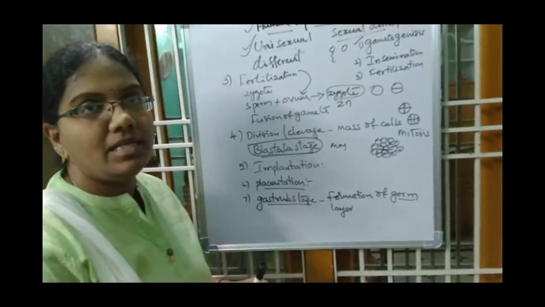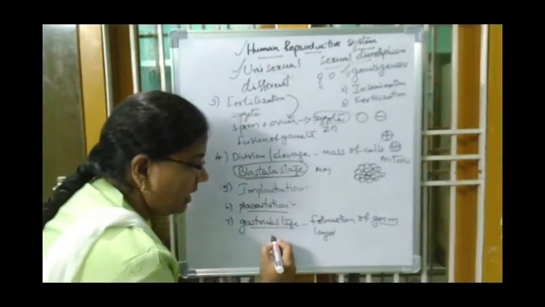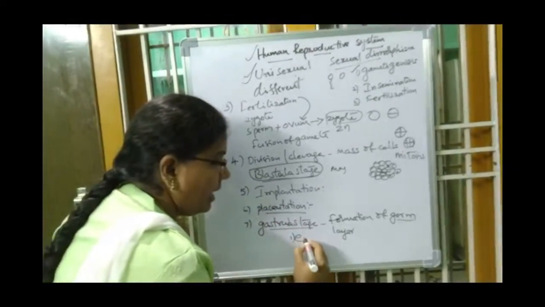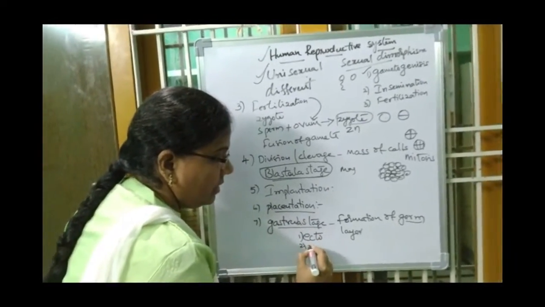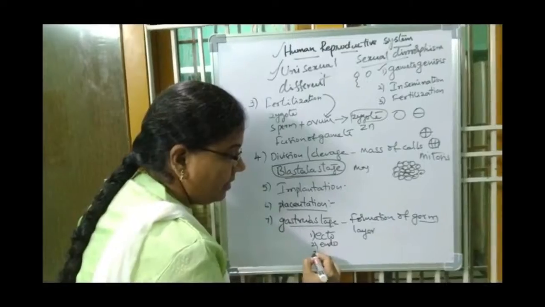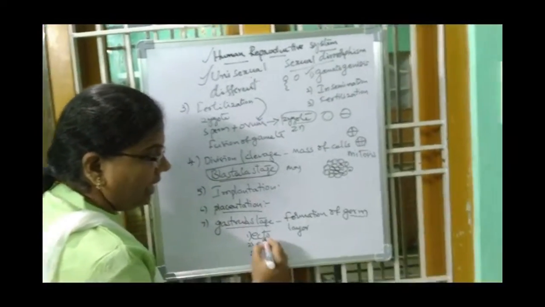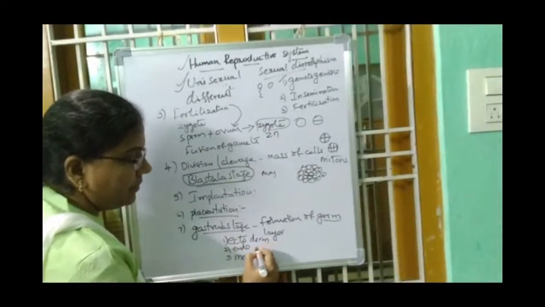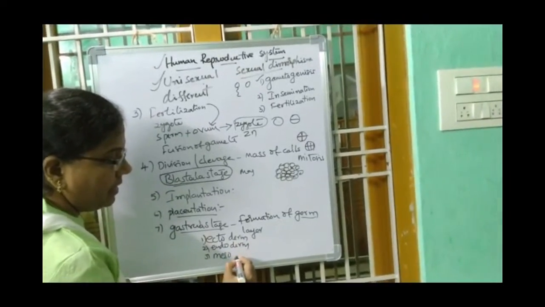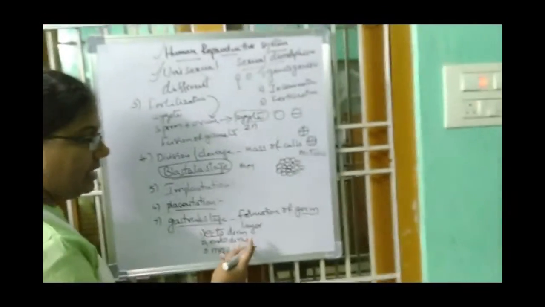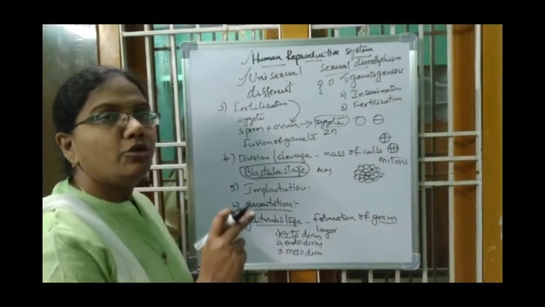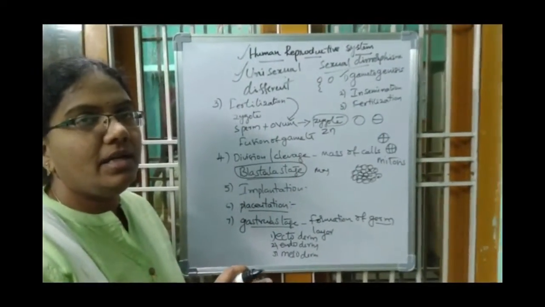The layers are called germ layers. The layers are divided into ectoderm, mesoderm and endoderm. These are the main layers that produce the organs in the fetus.